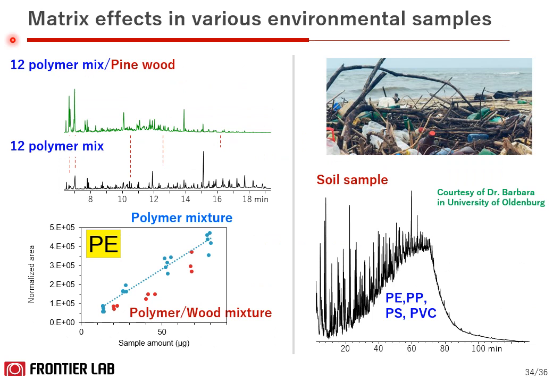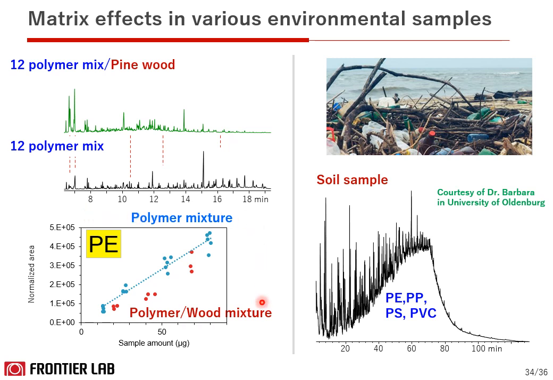When measuring environmental samples, it is necessary to consider the effects of the matrix of inorganic and organic substances. The top one is a pyrogram of the 12 mixed microplastic sample and pine wood, and the lower one is a pyrogram of only the 12 mixed microplastic sample.